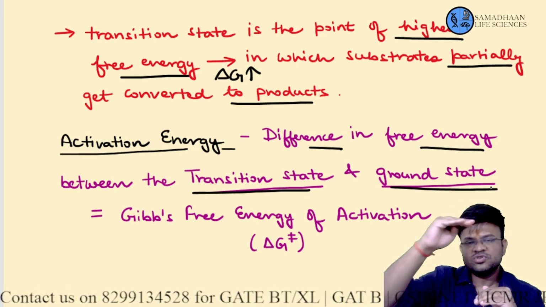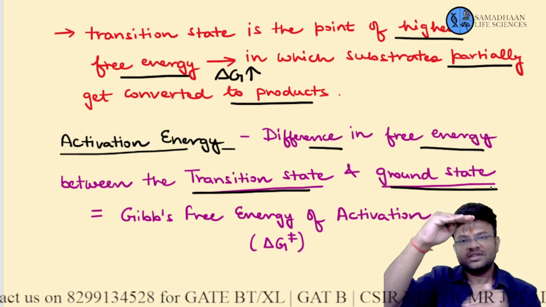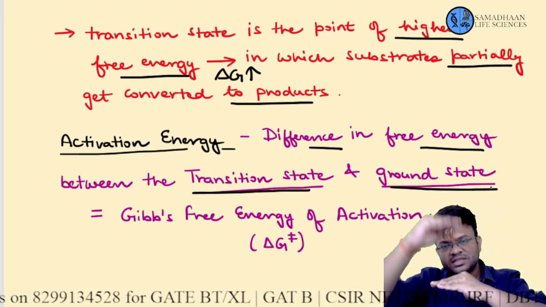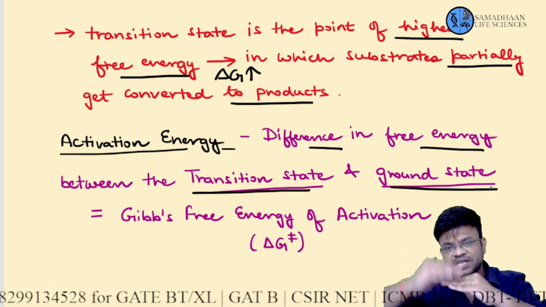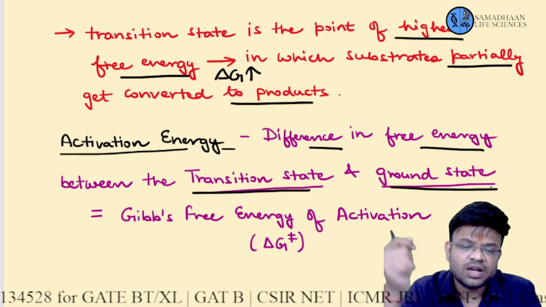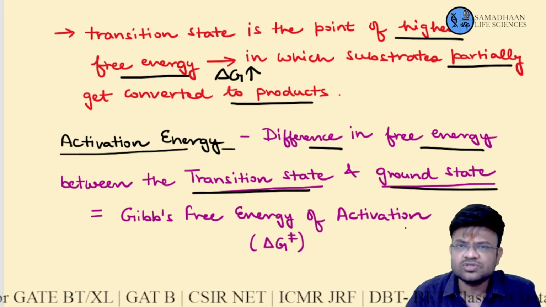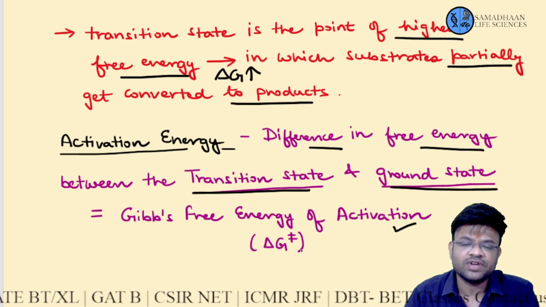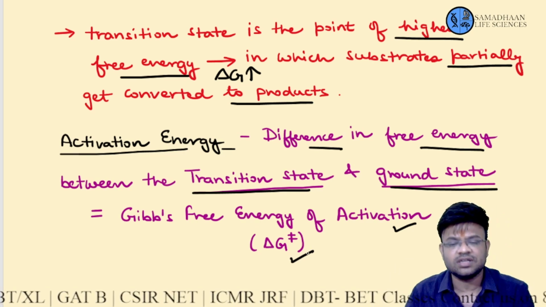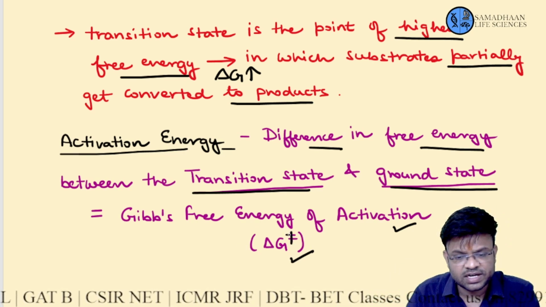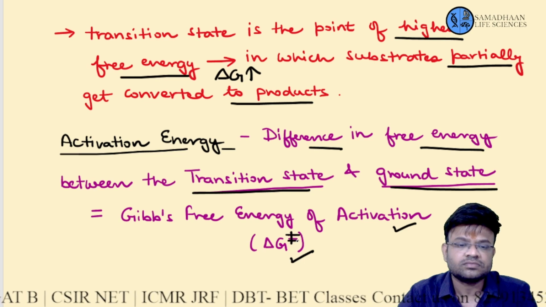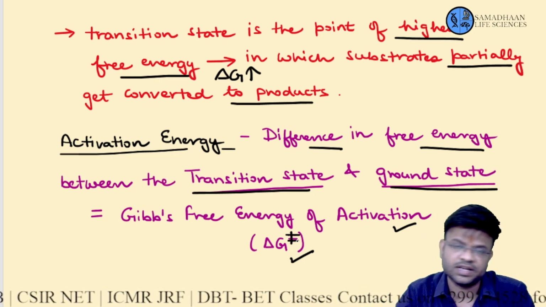Suppose the transition state is over here, the ground state is over here. The difference between the transition state and the ground state is called the activation energy. It is also called the Gibbs free energy of activation, and it is referred to by the symbol delta G, something like this. This is called activation energy.